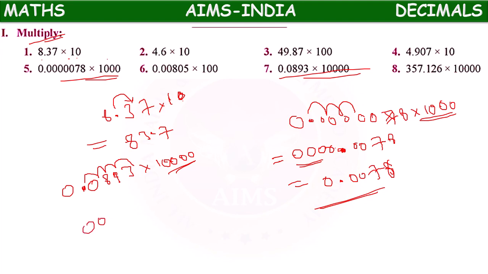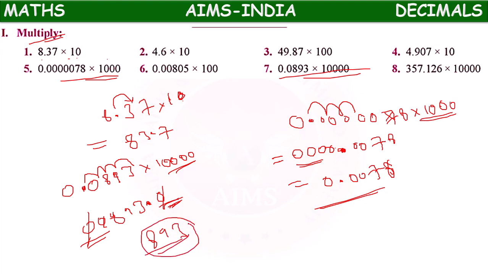Means 0, 0, 8, 9, 3 point. After the point we can keep 0. But zeros on the left side before the decimal point and on the right side after the decimal point don't have any value. We can strike off this 0, this 0, this 0. Simply the answer is 893. Like that we can multiply.